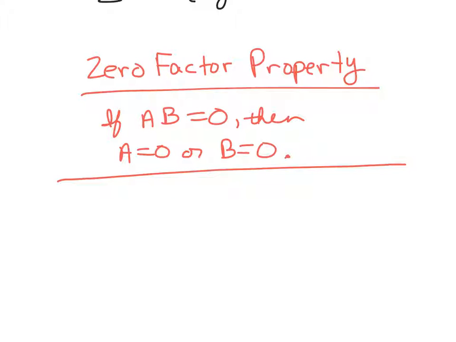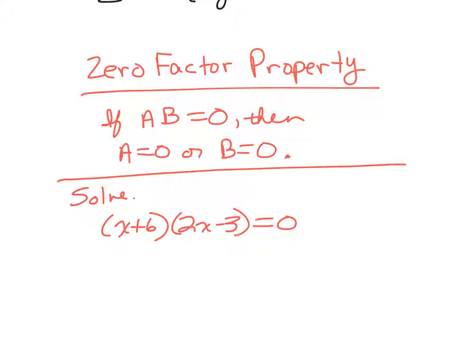So the zero factor property allows me to solve equations like this. The quantity x plus 6 times the quantity 2x minus 3 is equal to 0.